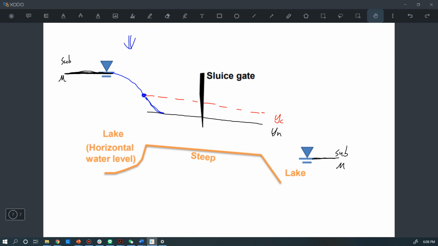Then we have a hydraulic jump because of this sluice gate. So we happen to have this hydraulic jump and then it gradually increases to a subcritical flow.